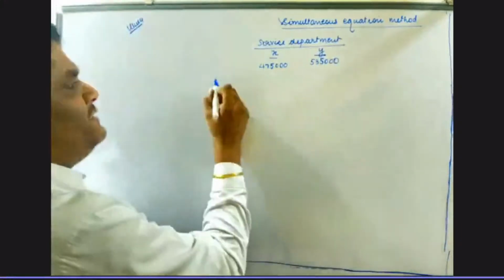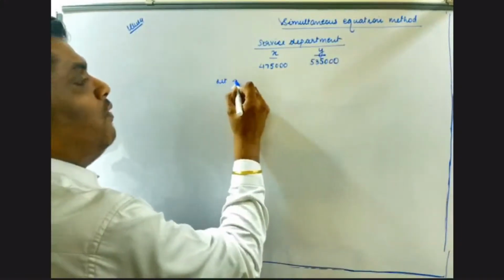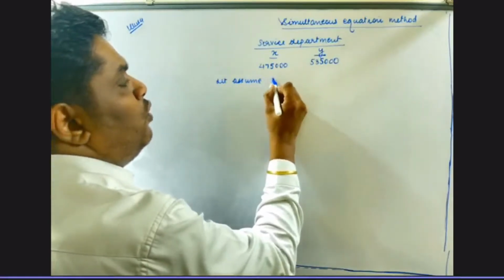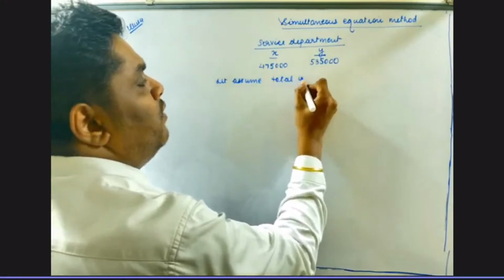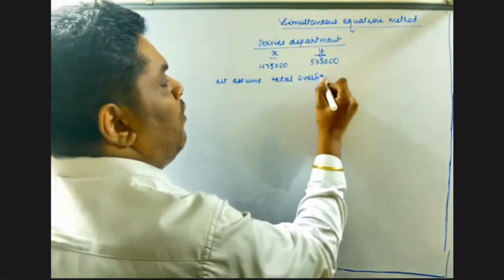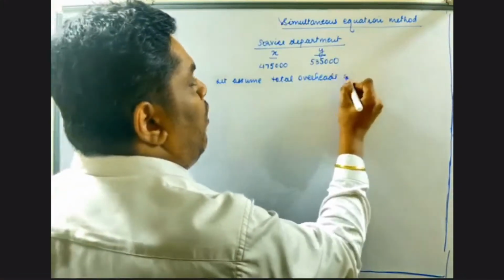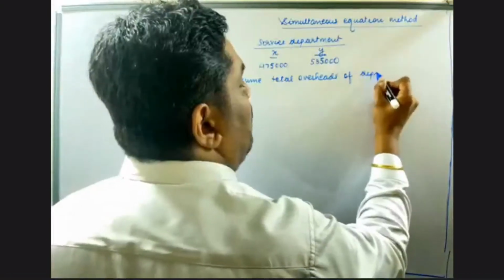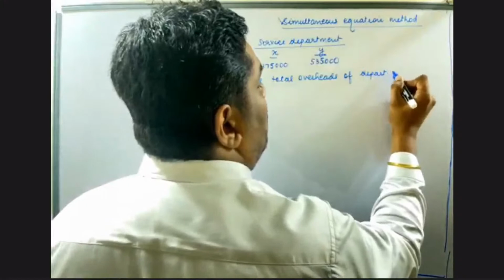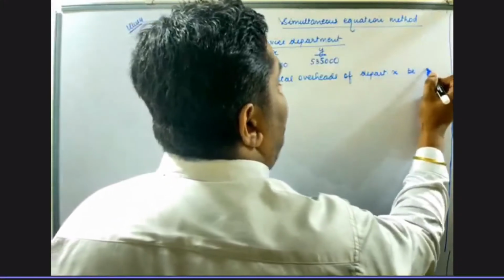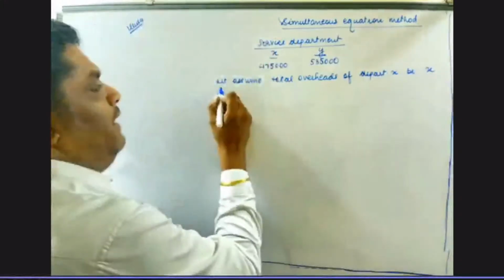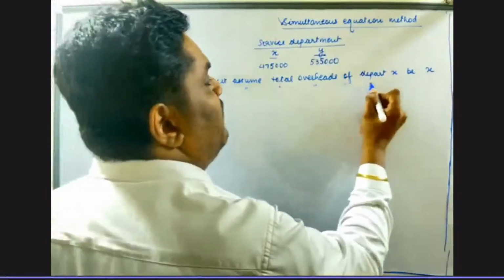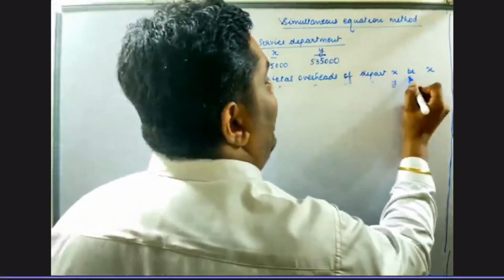So let's assume total overheads of department X be X, and let's assume total overheads of department Y be Y.